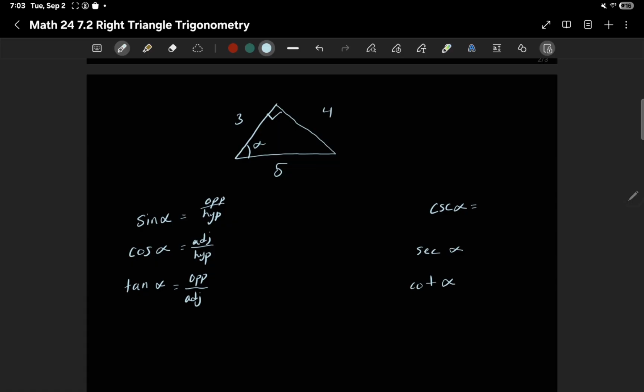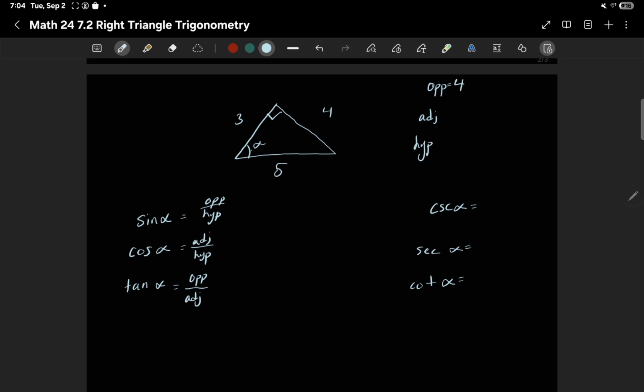And then I'll show you a trick, or if you already know the trick, probably won't be too crazy, but we're going to create our key for the opposite side, the adjacent side, and our hypotenuse. So if this is alpha, the opposite side is the one that it goes across to and hits. So our opposite side is going to be 4.